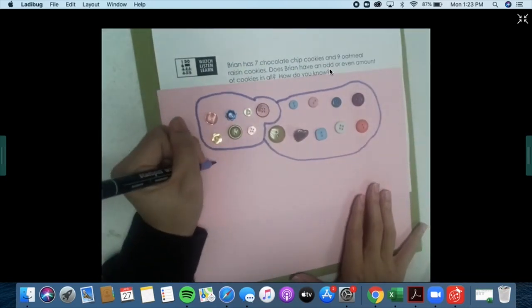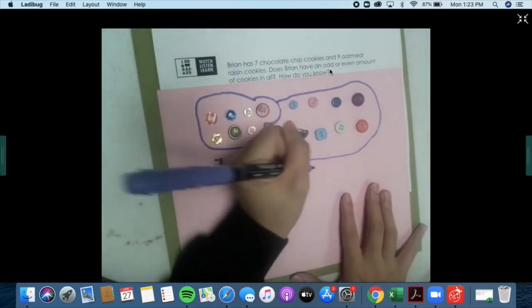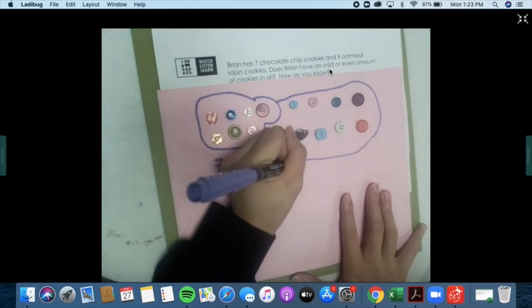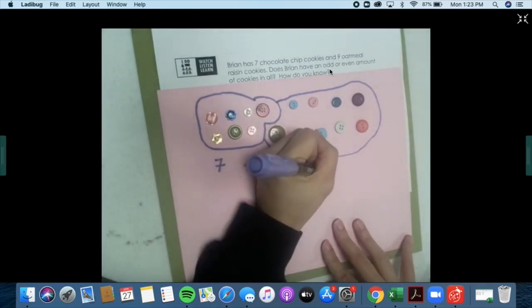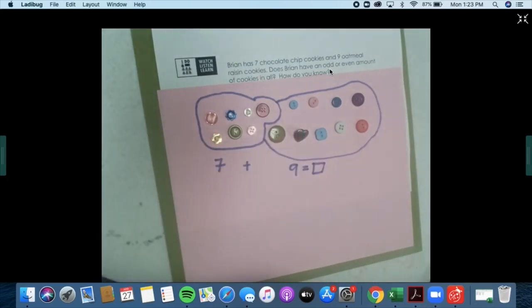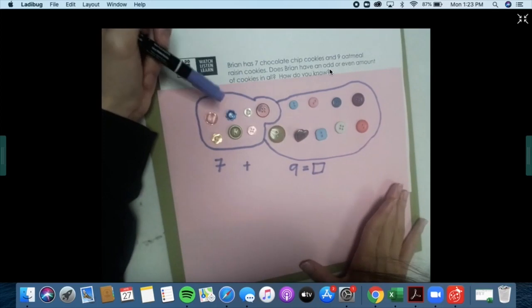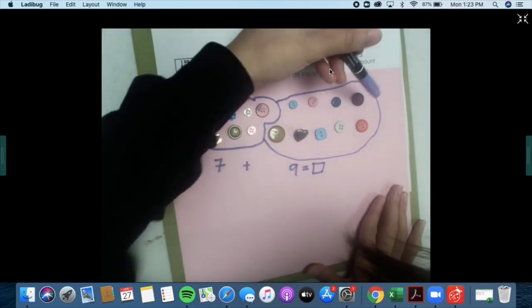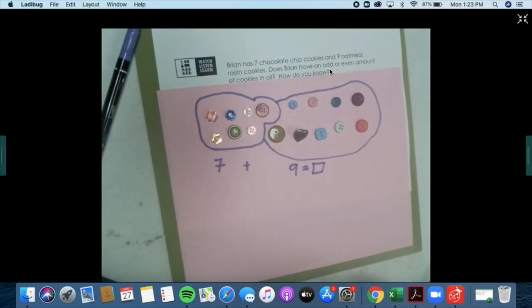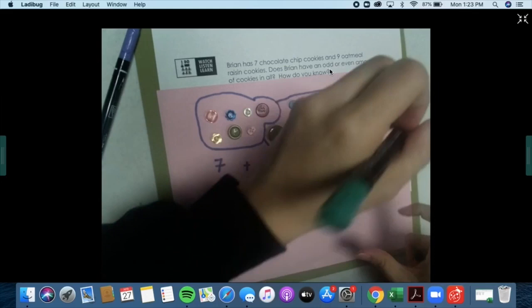So 7 plus 9 is equal to our blank, and I can count one row and go 1, 2, 3, 4, 5, 6, 7, 8. 8, and I'm going to circle that in green.